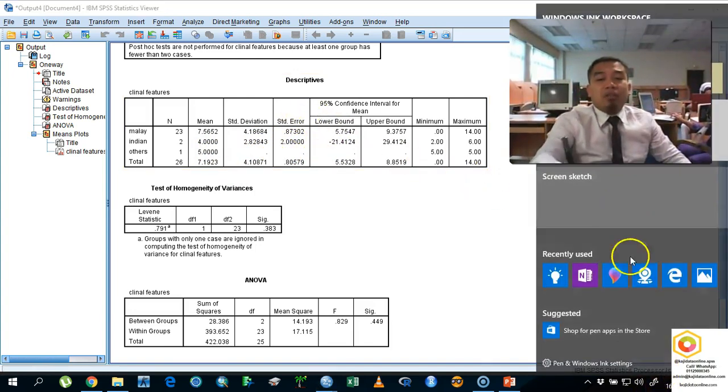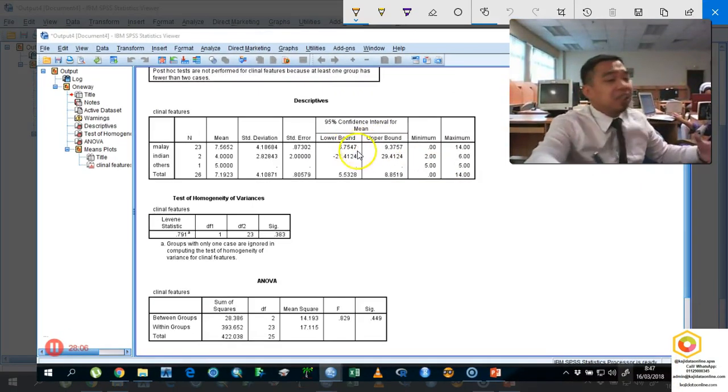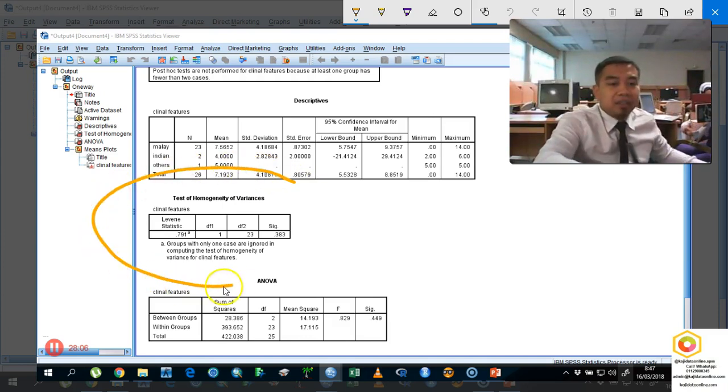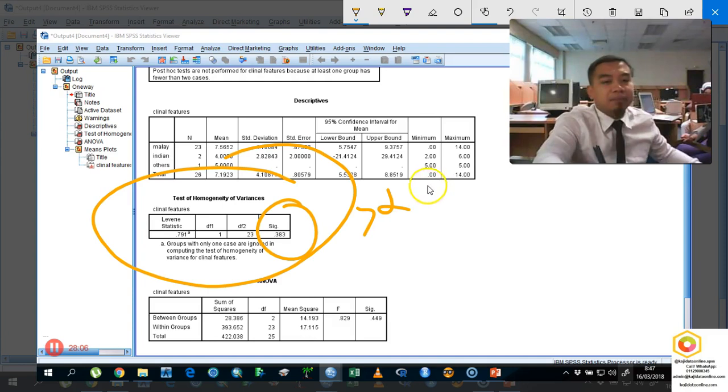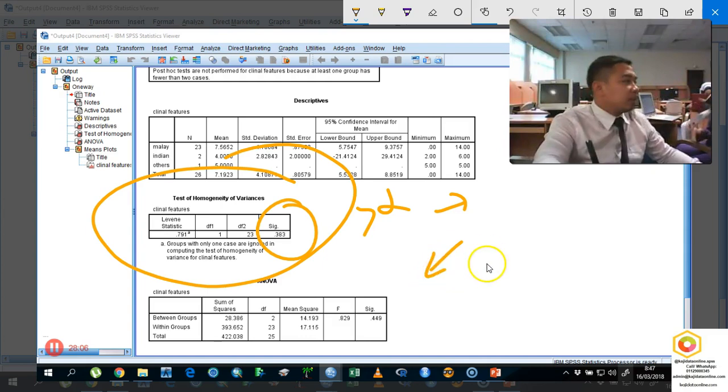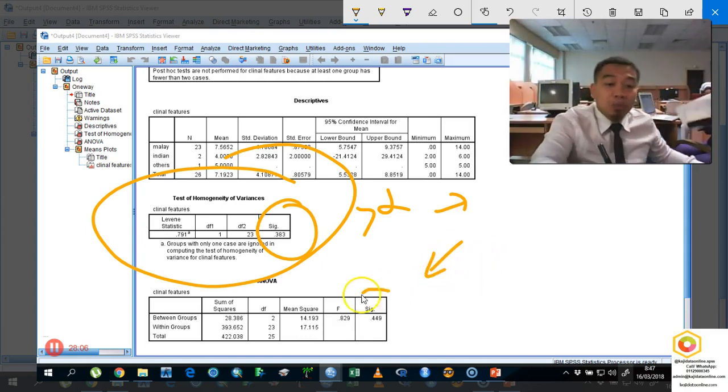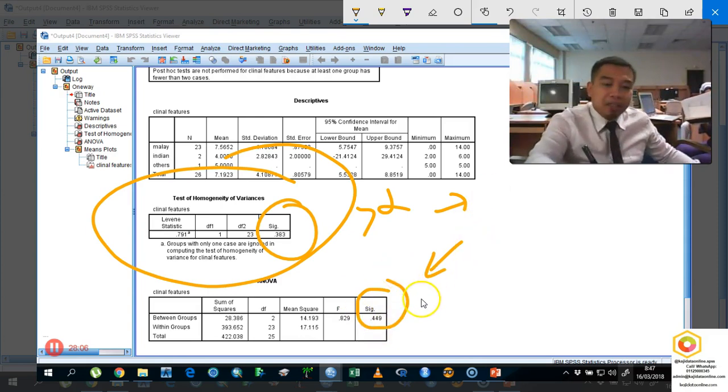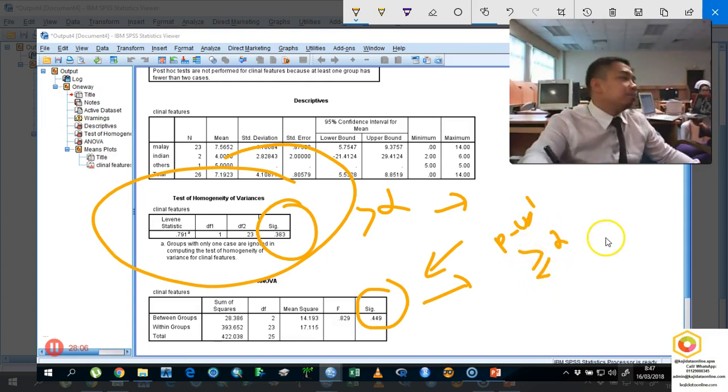So now I'm going to ask you some interpretation skill so that you understand. This is the homogeneity of variance. Is it more than or less than our alpha? More than. So the ANOVA can proceed? Yes. Very good. And this is our ANOVA table that will help us in our hypothesis testing. So we look into the SIG. Is the SIG, or the p-value, more than or less than alpha?